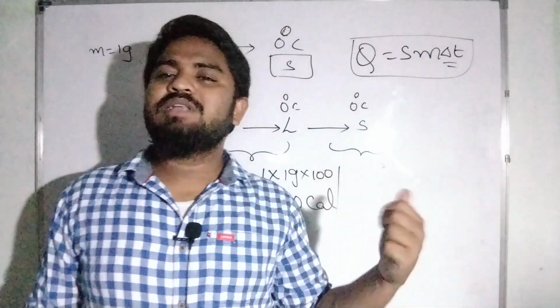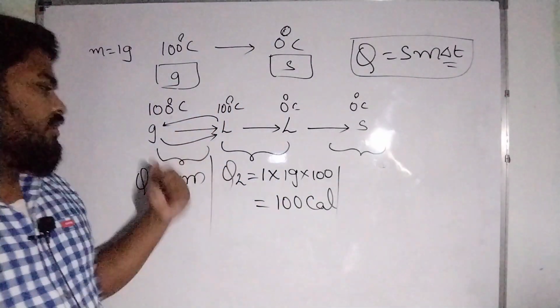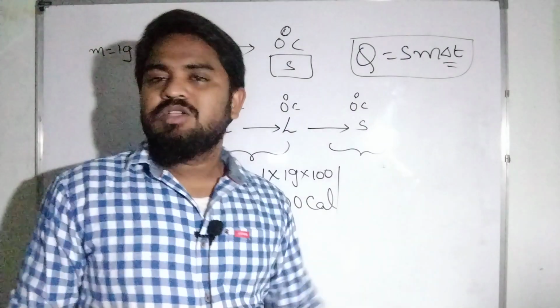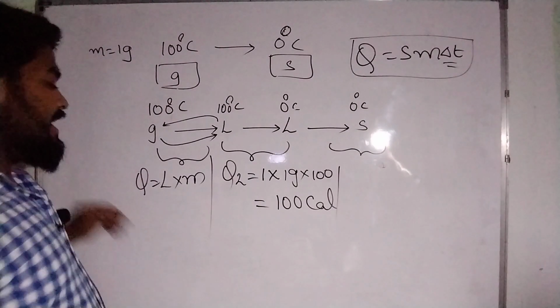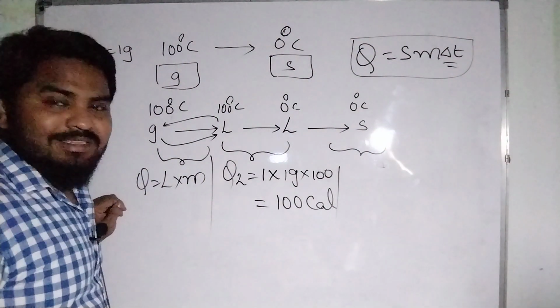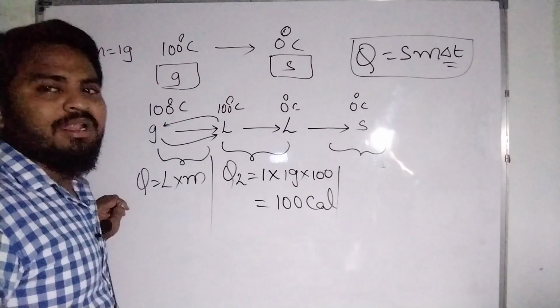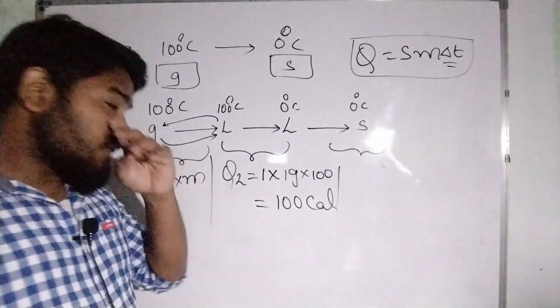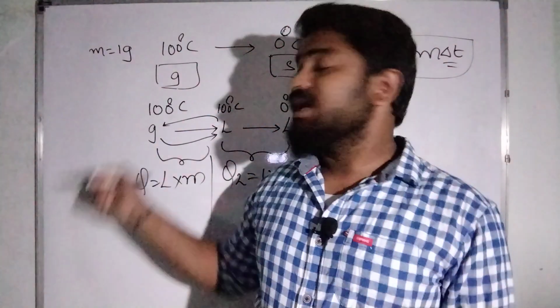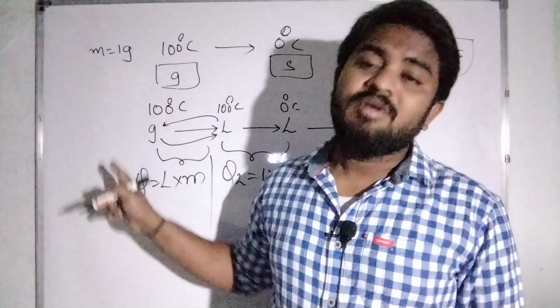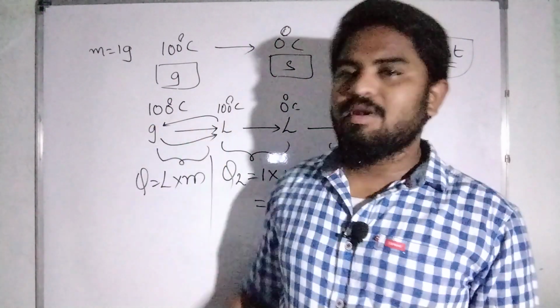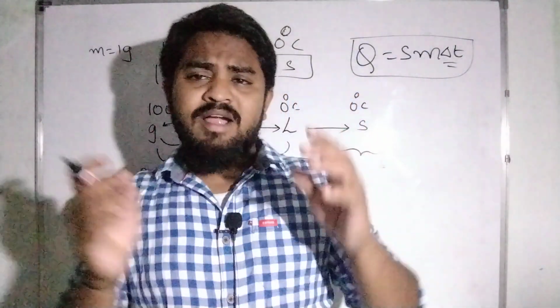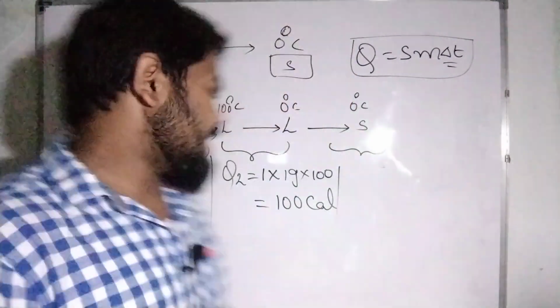So by using that experimental value, we are going to calculate this, right? So for water, it takes 540 calories for 1 gram of water. What is the latent heat of vaporization? The required heat energy to change 1 gram of water at constant temperature from one state to another state is called latent heat of vaporization, and its value is 540 calories, right?